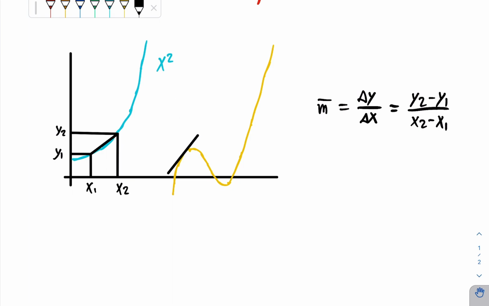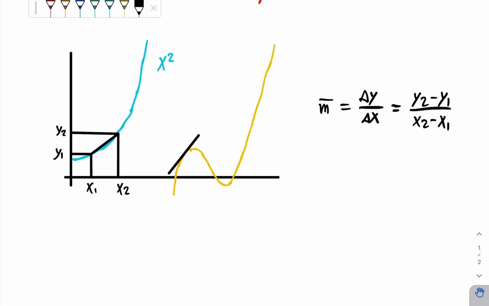So something that you would learn very early on in a calculus class is something called a limit. So what we will do is we will make the difference between x sub 1 and x sub 2 go to 0, so that this secant line keeps getting closer and closer to a tangent line.